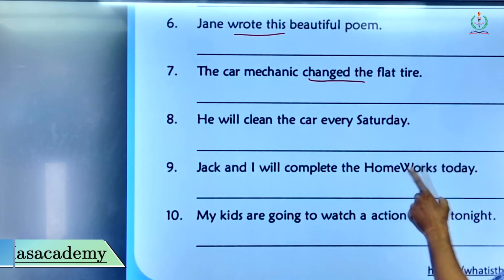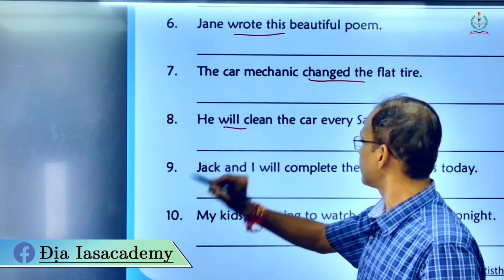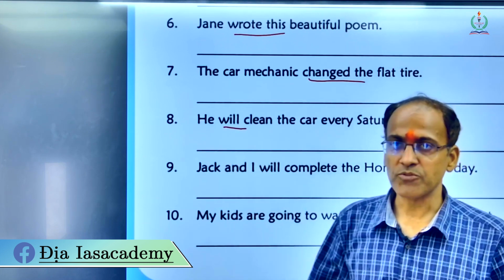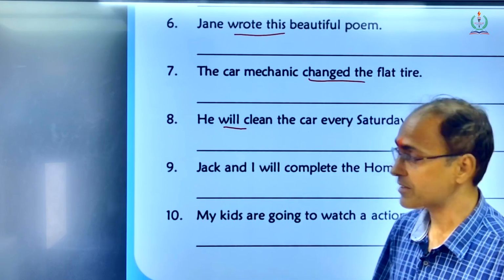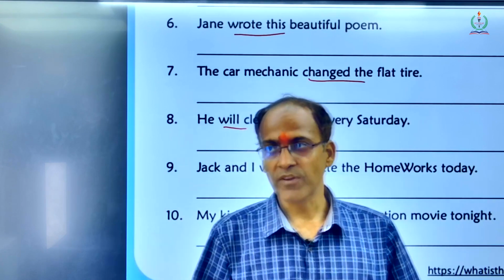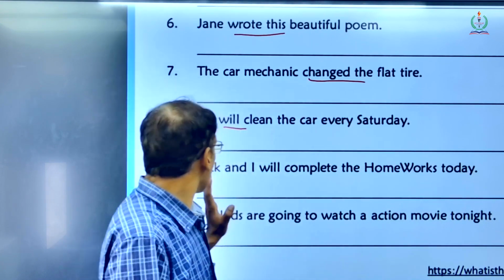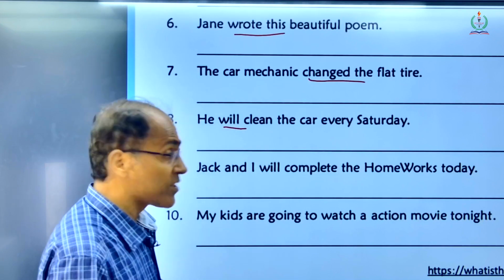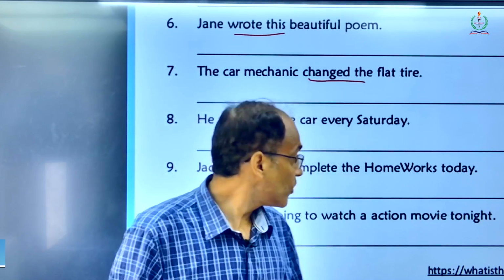Now, here the active voice verb is in future tense. It is actually future indefinite tense. So, now here we just have to again apply the similar rule. First of all, let me write down the answer, then I will explain to you in detail.